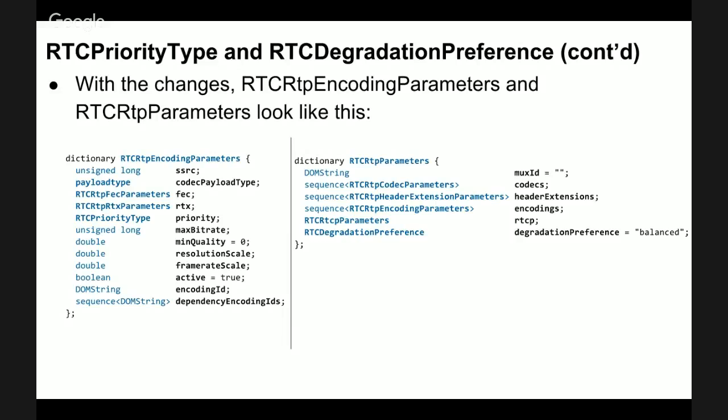I don't think degradation preference is the right way to do that. I can't think of a scenario either. I just wanted to throw it out there as a question. I think keeping it simple like this is probably a good way to start. Okay, then we can continue, unless someone has an objection.